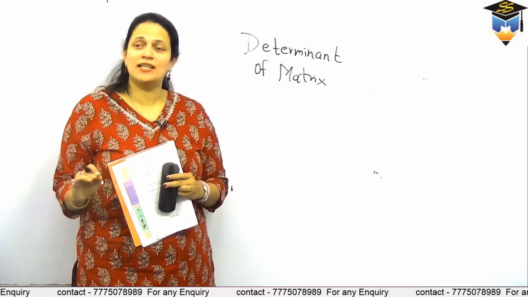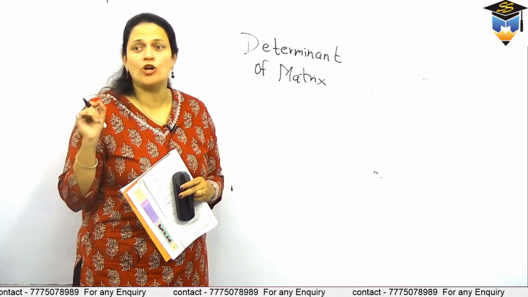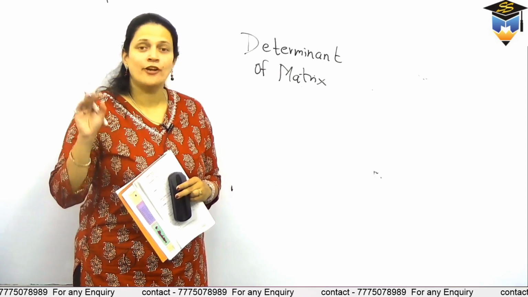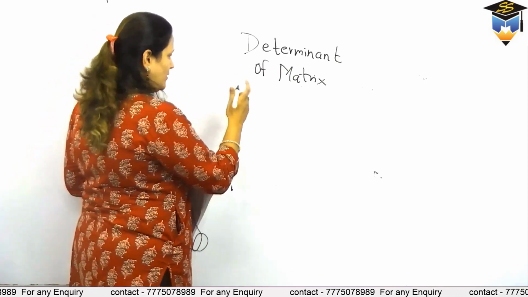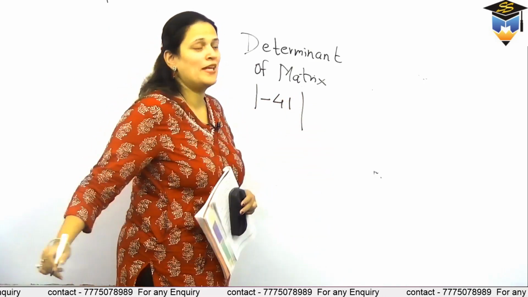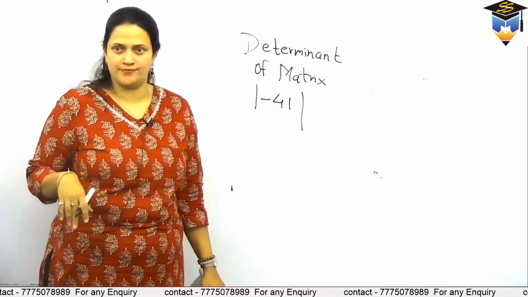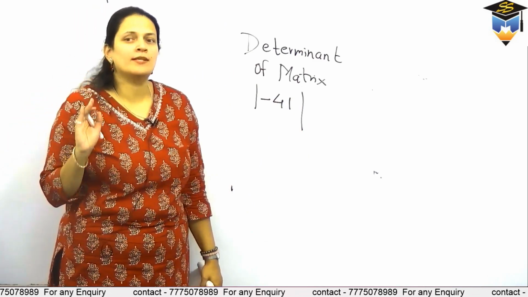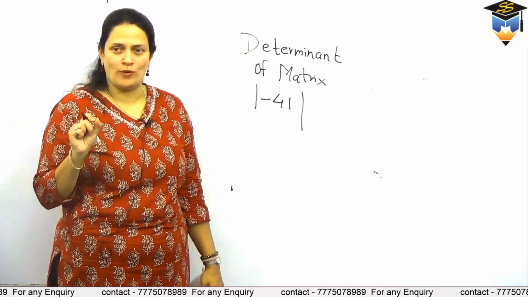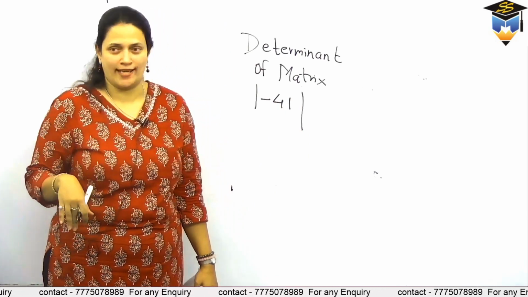Determinant is nothing but absolute value. Does anybody know the meaning of absolute value? Let's say if I take this value, I hope everybody knows this is an absolute value bracket. So always remember, when it's an absolute value, you always have to consider the number and not the sign.